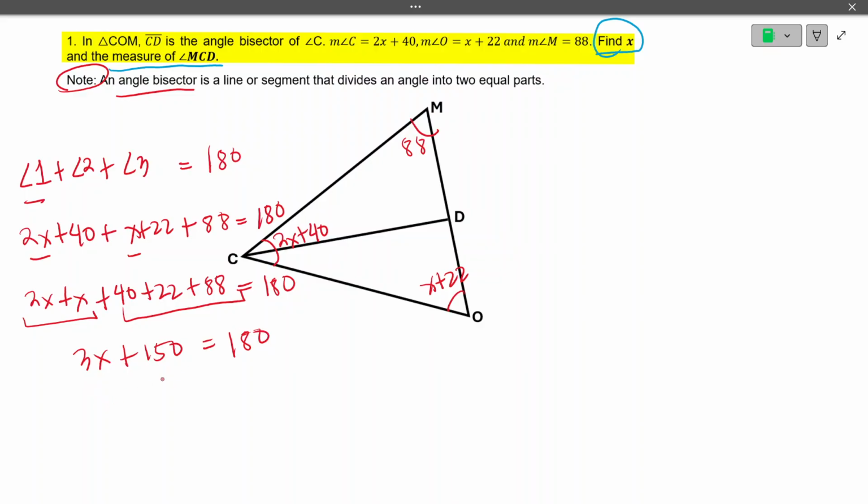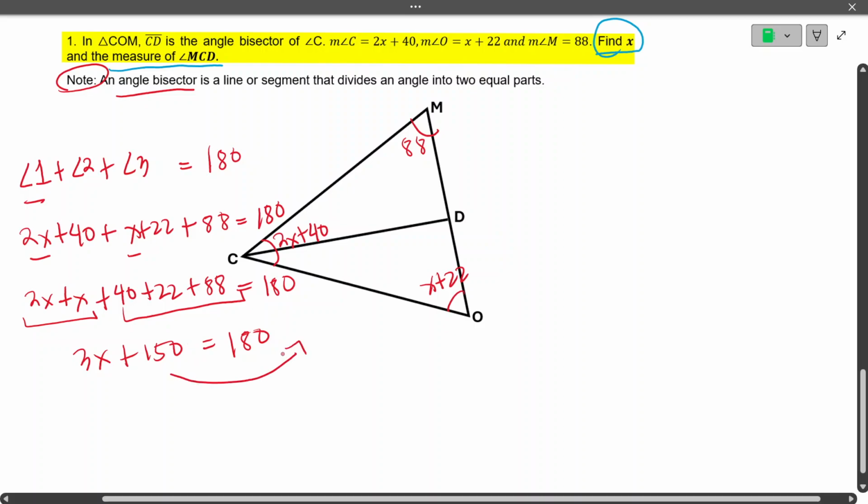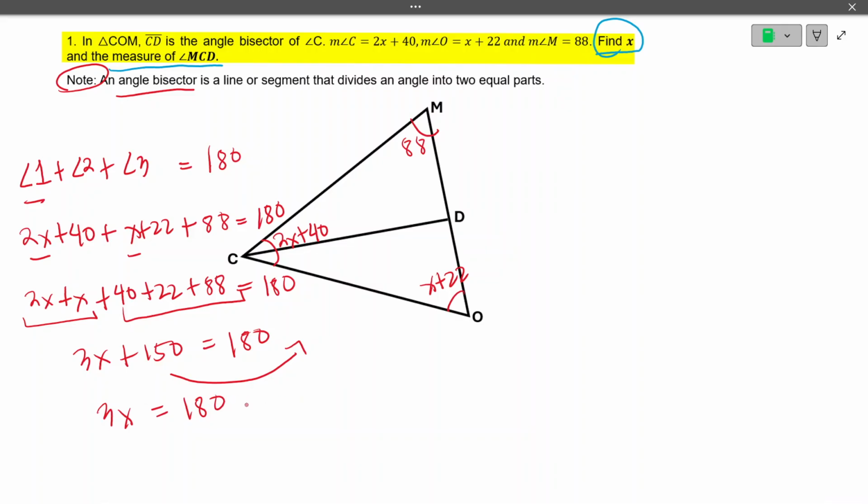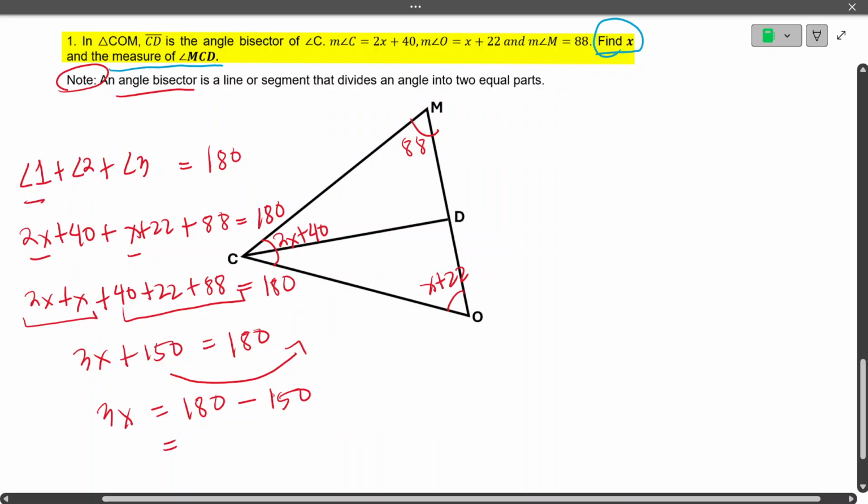After this, we move 150 to the other side. So we have 3x equals 180. When we transpose, what happens to the sign? It will be changed to negative 150. 180 minus 150 is 30. So we have 3x equals 30.